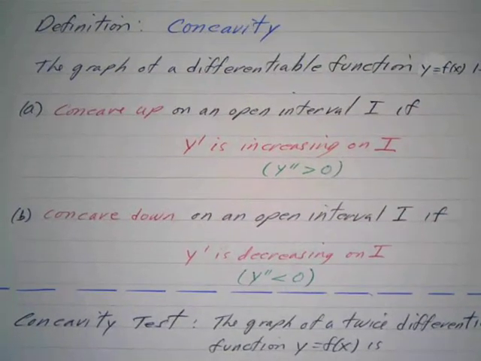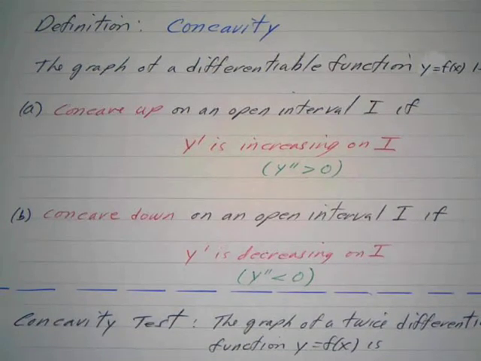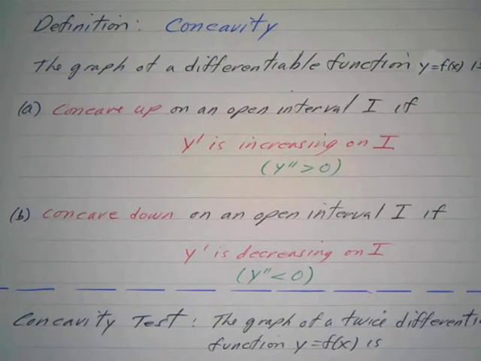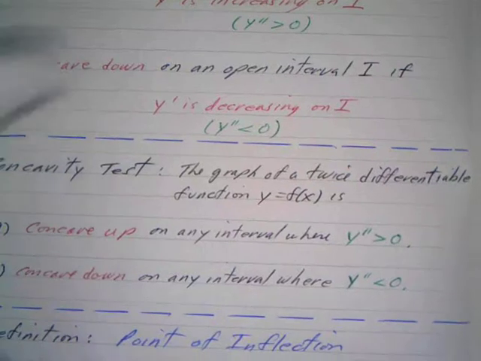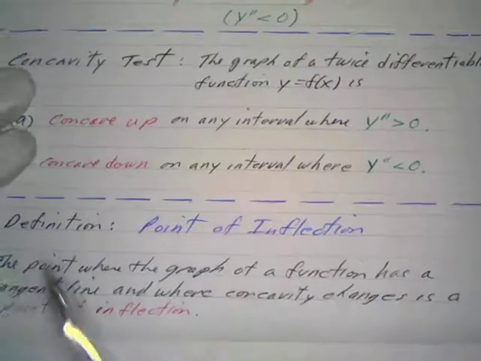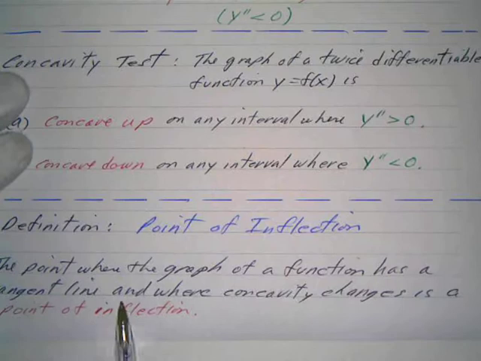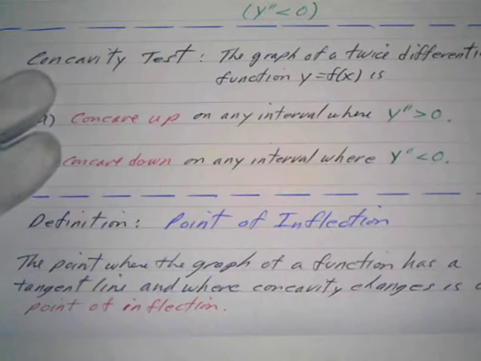The graph of a twice differentiable function, y equals f of x, is concave up on any interval where the second derivative is positive, and concave down on any interval where the second derivative is negative. Now, a point of inflection. Okay, and this is important. The point where the graph of a function has a tangent line, that means it's differentiable, and where concavity changes is what we call a point of inflection.